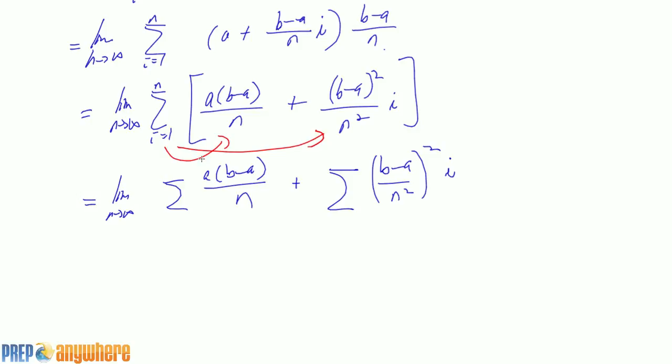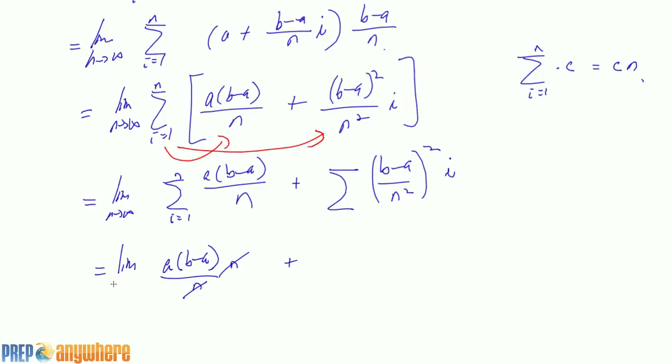So if you have a function that's constant here, it's not dependent on i at all, right? Then what is it going to equal to? It's just this thing times n, right? So remember, the sum from i equals 1 to n of c is c times n, right? So it's going to be this times n. So n will disappear.